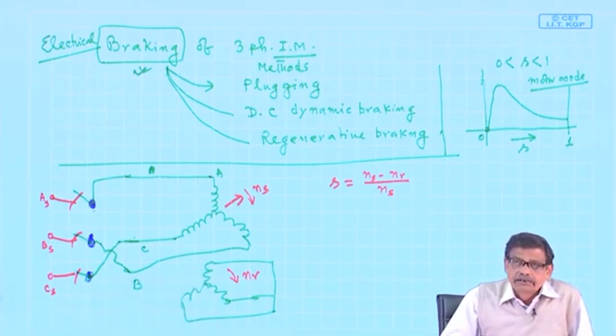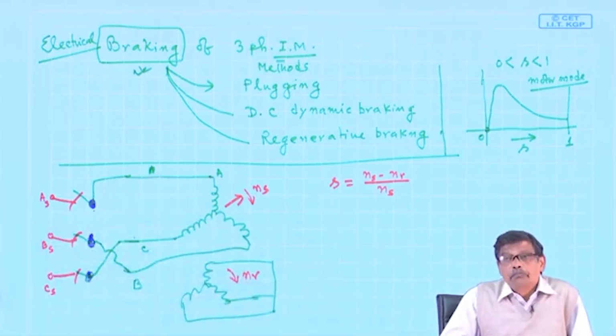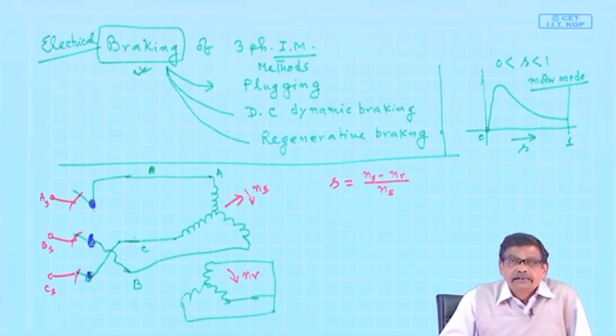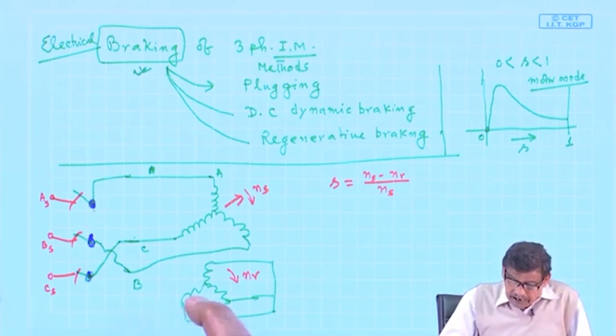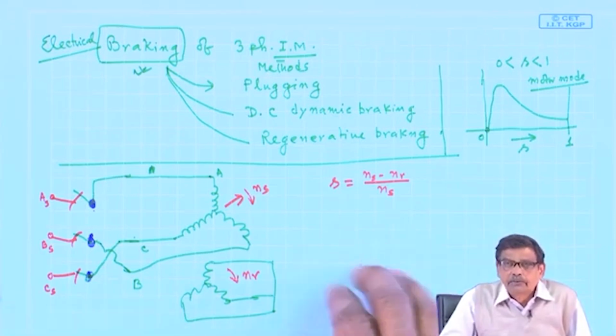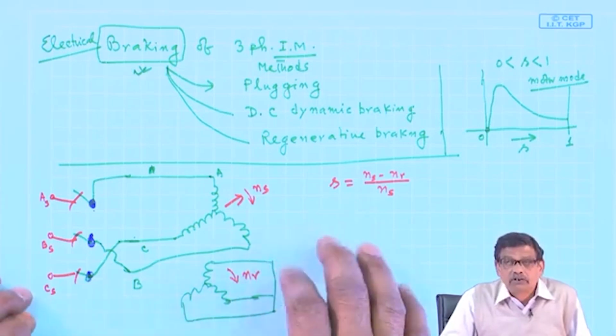The frequency has not changed, so it rotates at the same synchronous speed, and the rotor speed cannot change instantaneously because it has inertia. Therefore, the slip at which the machine is running, we will calculate and show, is equal to 2 minus s. We will continue with this.